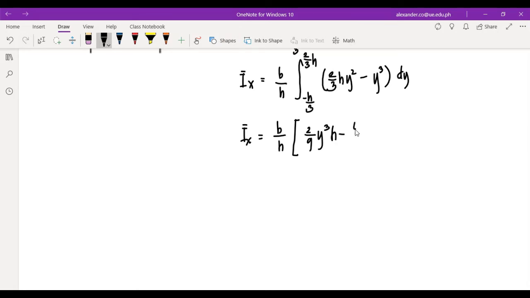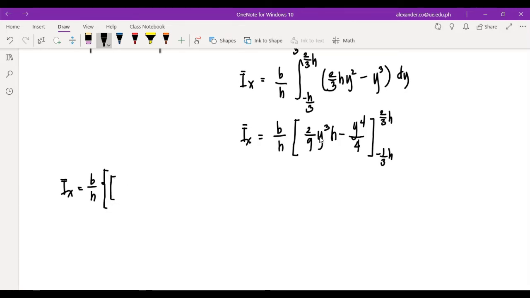Minus, this one is easier: the integral of y cubed is y to the fourth over 4, with an upper limit and a lower limit. Then we just substitute y in the upper and lower limits, and the value is b over h. I separated it. This one is a bit long.